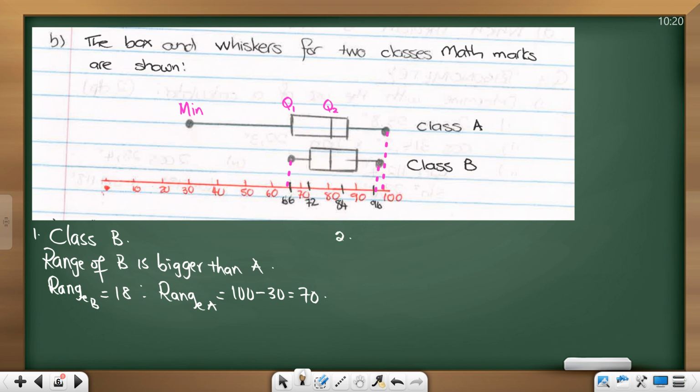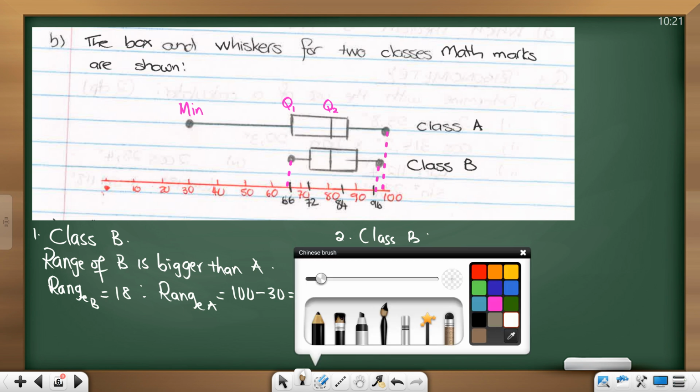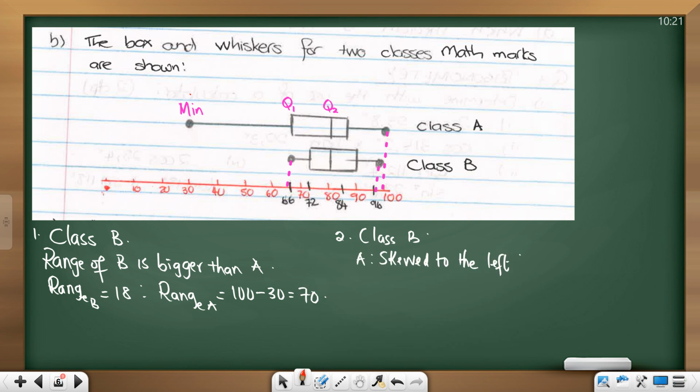All right, look at this again. Let's try something else. Amira, we're talking about the skewness. So our answer would still be class B performed better. Let's look at the skewness. For class A, it is skewed to the left, right? To the left. There is more, the data is spread.